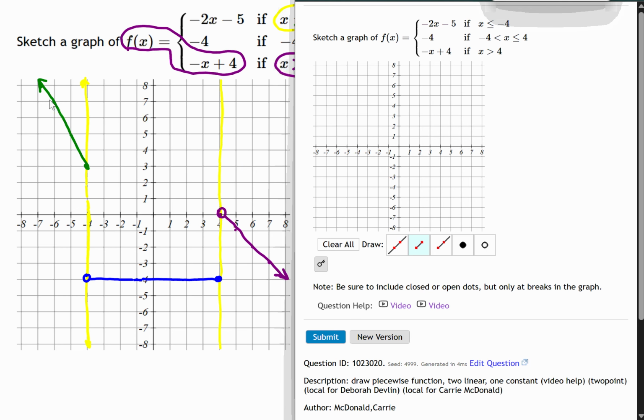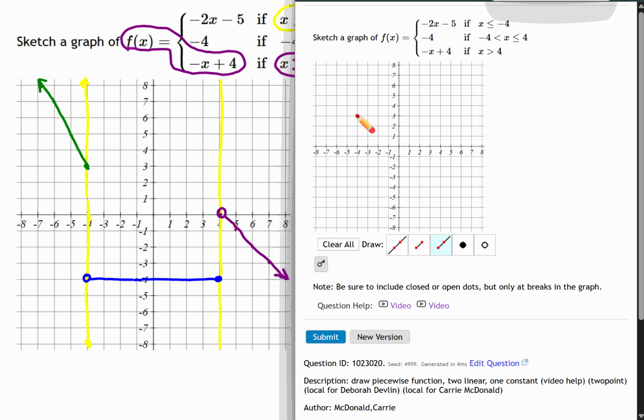So I'm going to start with that far leftmost piece and take the ray tool. That's going to start us off at the point, what is this point? This point would be -4, 3. I'm going to go to -4 and then up 3. And I'm going to start there.